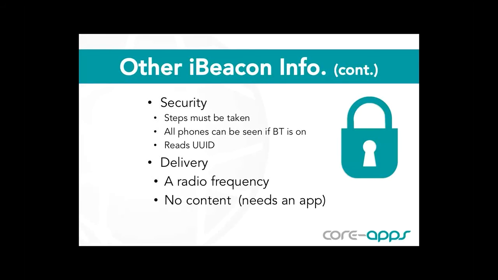On the security side, we have to be careful. There are things that we can do to encrypt them. Okay, there are encryption methods that can go on with that. One of the things we ran into at CES was that one of the companies had gone in and spoofed a bunch of iBeacons. What that means is that they pretended to be an iBeacon.